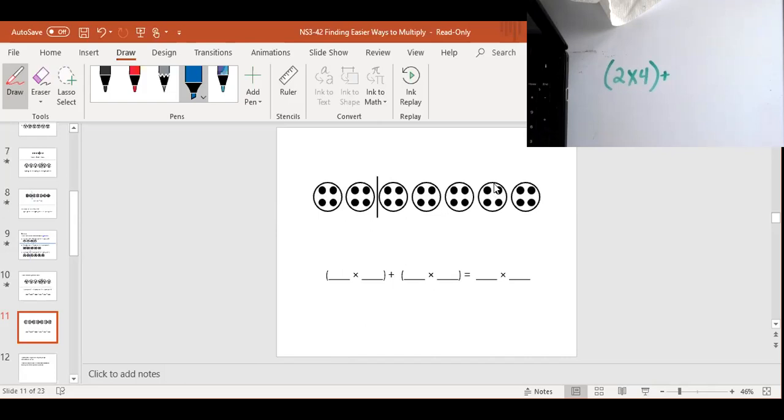Then how many groups do I have here? 1, 2, 3, 4, 5. 5. And there's 4 in each group still. 5 groups of 4. And that's the same as saying 1, 2, 3, 4, 5, 6, 7 groups of 4. So 2 groups of 4 plus 5 groups of 4 is the same as 7 groups of 4. Did you get it right? I hope so.